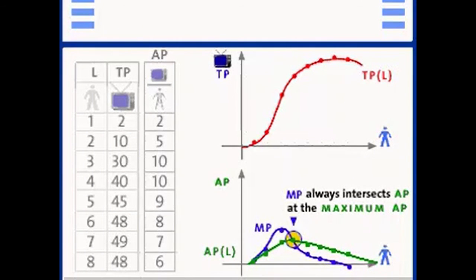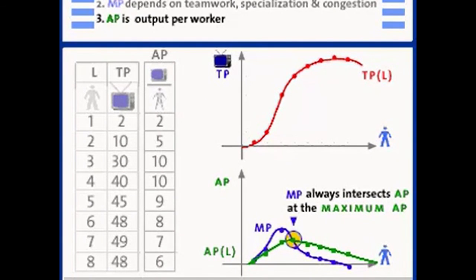And we've described the productivity of labor by two concepts: the marginal productivity of labor, which depends on teamwork and specialization and on congestion, and the average productivity of labor, which is what we usually call labor productivity, or output per worker. We also describe the relationship between marginals and averages. When the marginal is above average, it pulls it up. When it's below average, it pulls it down.